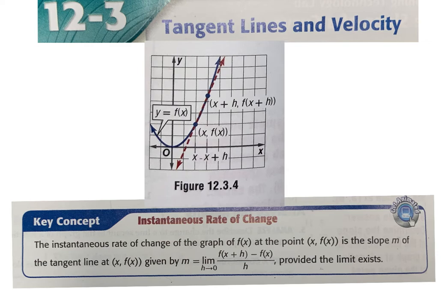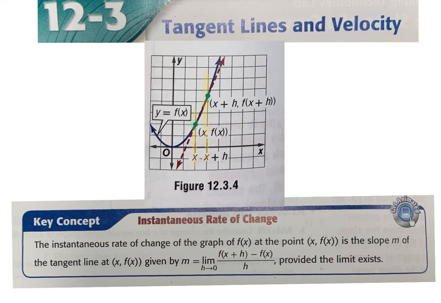We all know that. And so what they're basically doing is they're saying, well, here is x. So x is right here. Over here is x plus some number. We'll just call that number h, okay? So my y value here is going to be f of x.